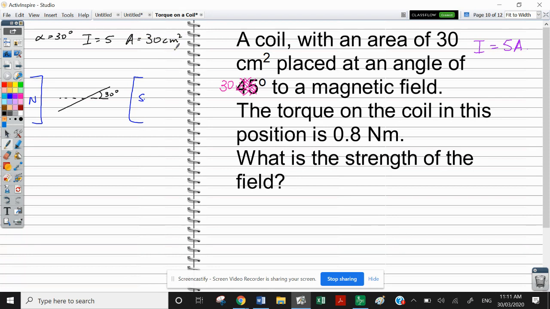We have to convert this to meters squared. A quick way is 30 centimeters by 1 centimeter, which is 0.3 meters by 0.01, and that gives 0.003 meters squared.